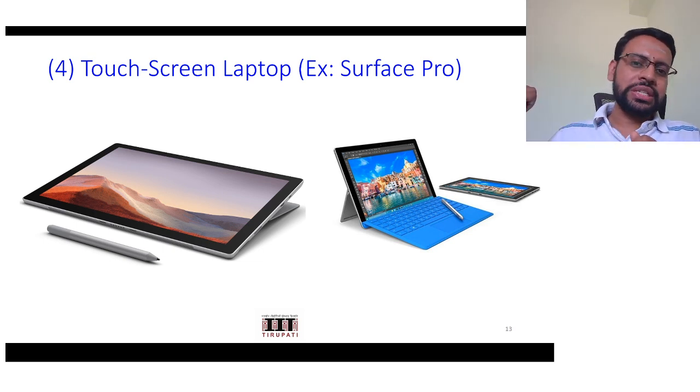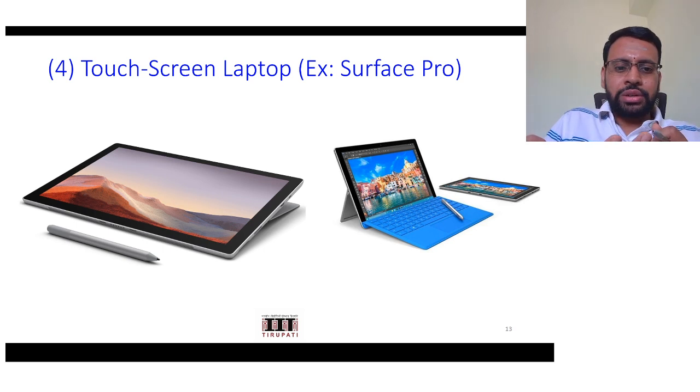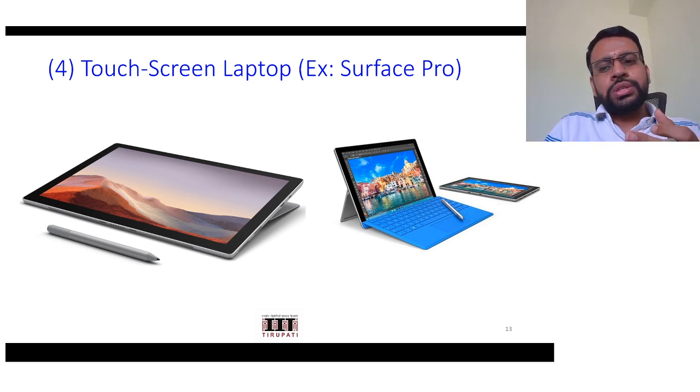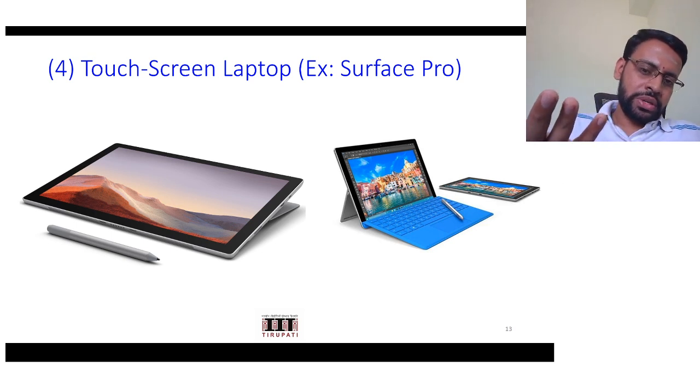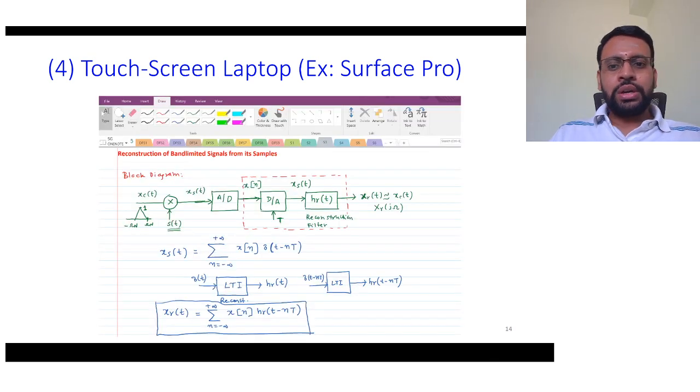There are others that come with different types of operating systems. By the look it is a tablet, but in fact a proper OS like Windows is running on it, so it's like any other laptop. So this is what I would put under touchscreen laptops. As I mentioned, this is not the only one.